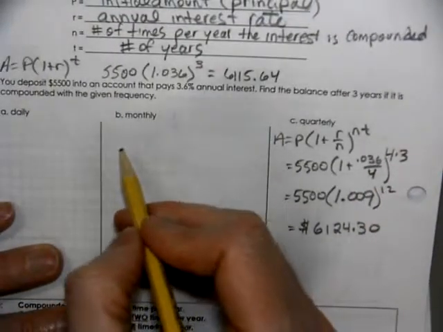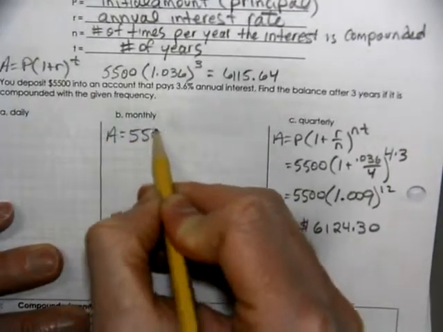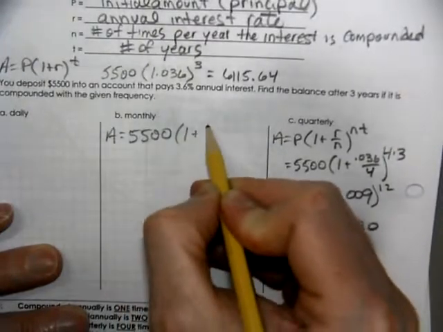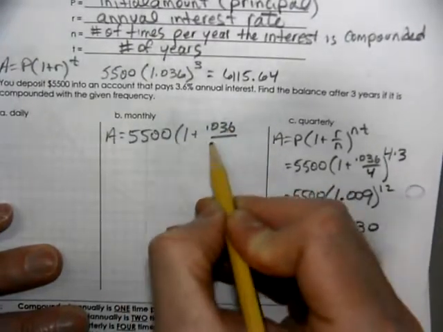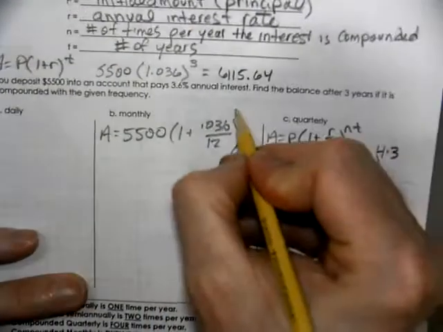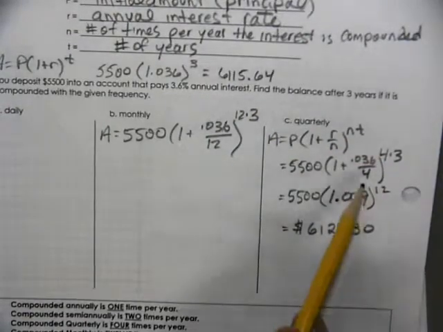Now, if you compound it monthly, if we take our 5,500, and we take our 1 plus 0.036 and we break it into 12 equal amounts, that means they're going to give it to us more than 4 times.